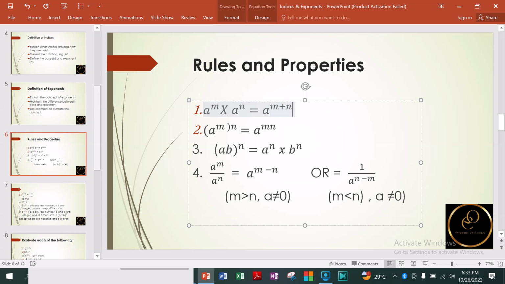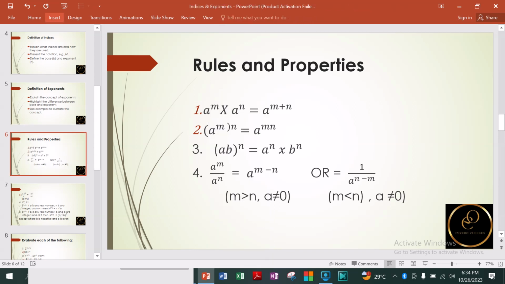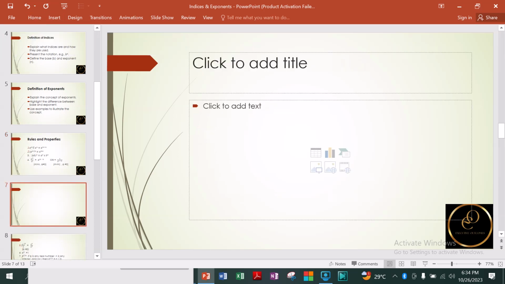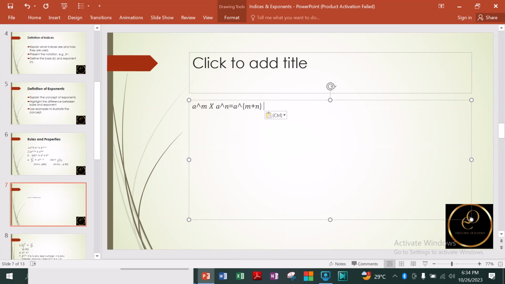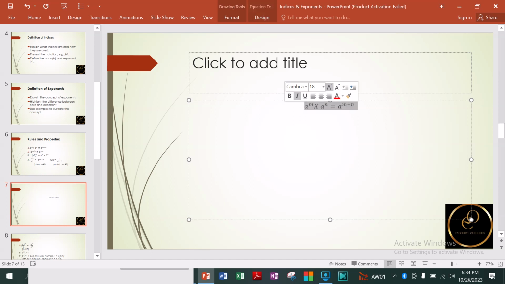Let me illustrate this in this manner. Let's say in this case the base is 4 and the power is 2.